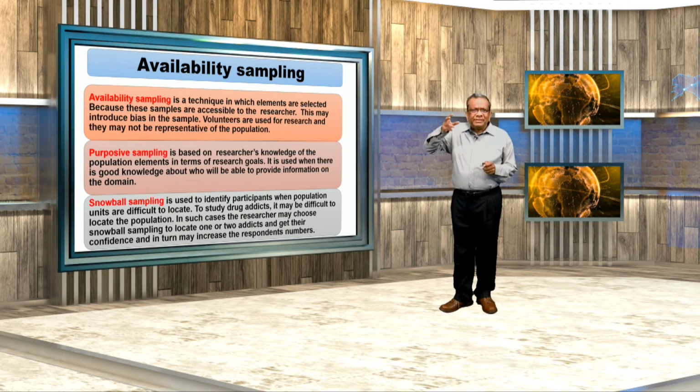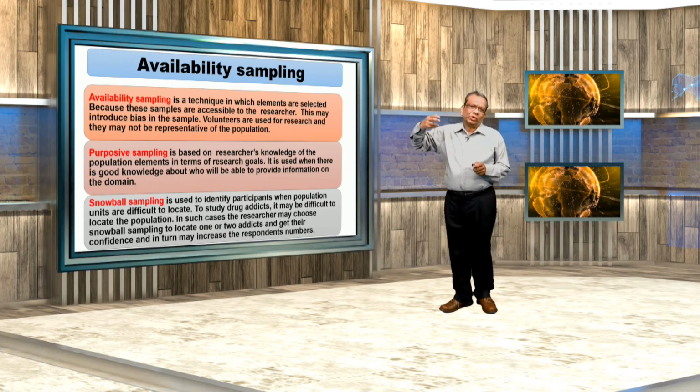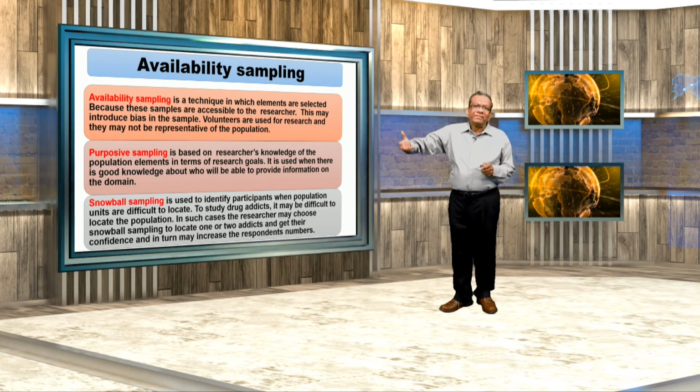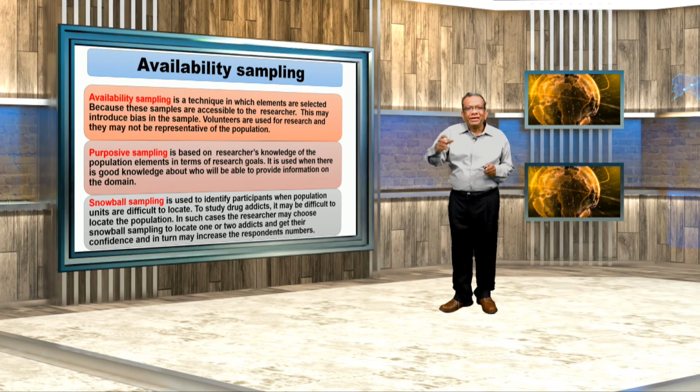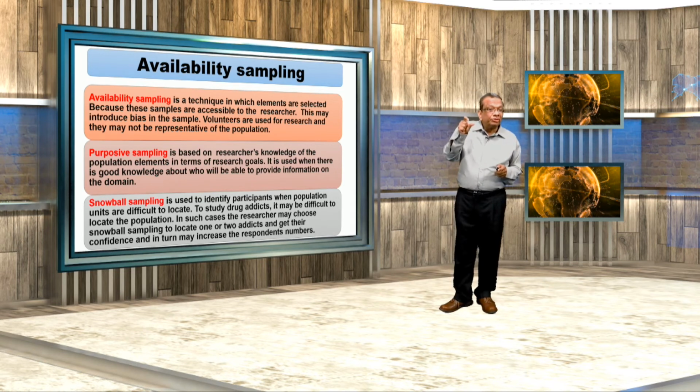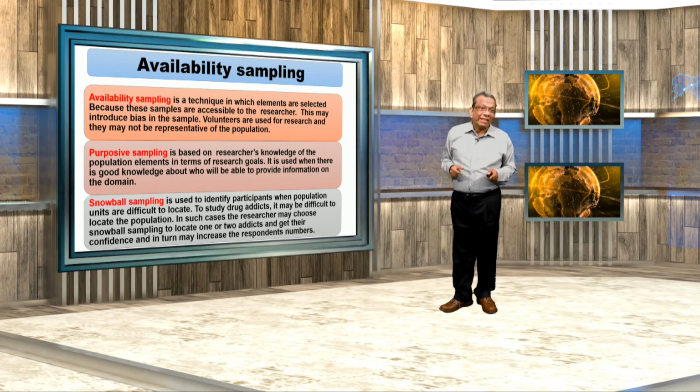I think the best way to go and get samples is from orthopedicians, maximum, and then from others. Therefore, here the researcher's knowledge of the population elements, who is likely to give better information, is a very important input we will be using while sampling.